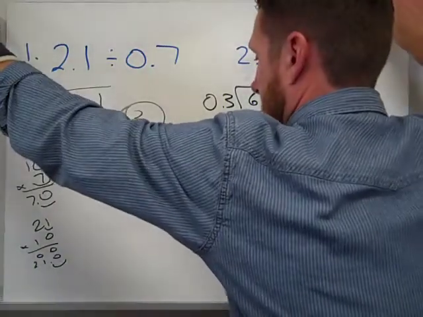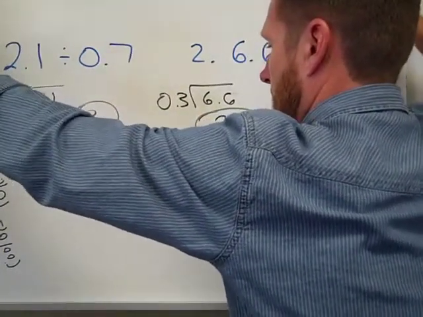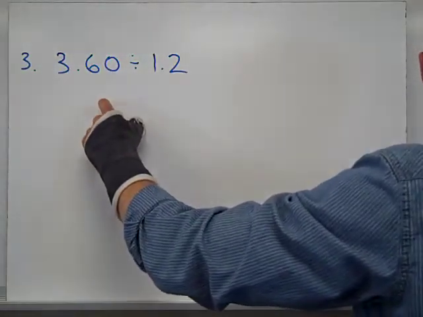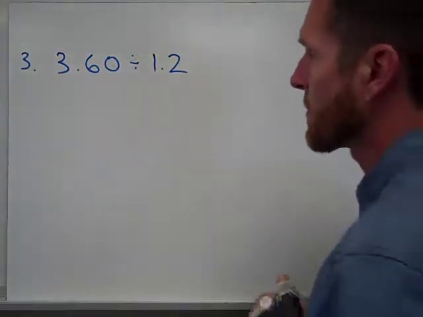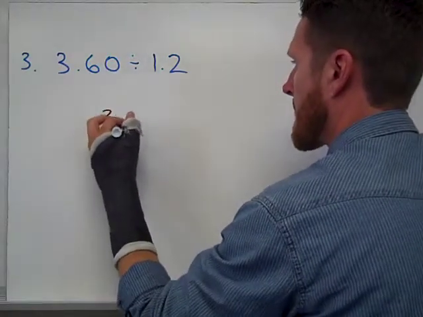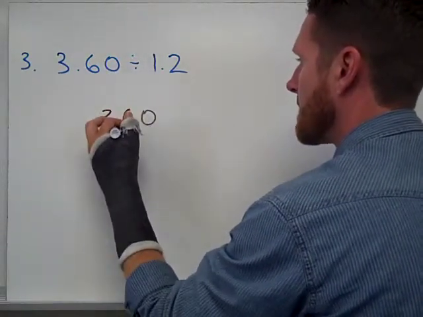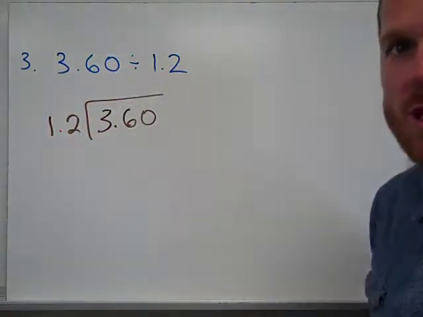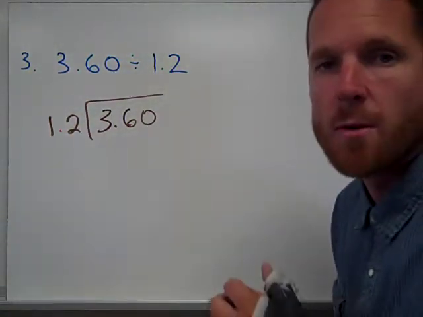Let's do another one. We have 3.60 divided by 1.2. Now here's an example of what I was talking about earlier.